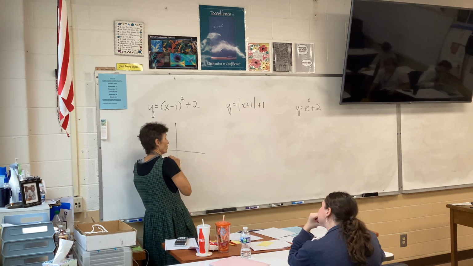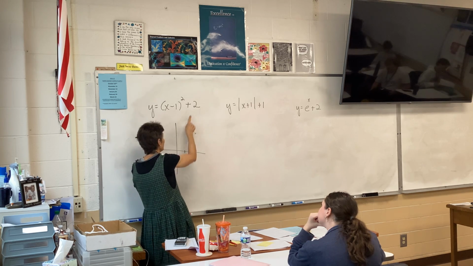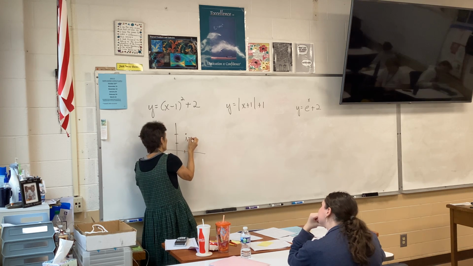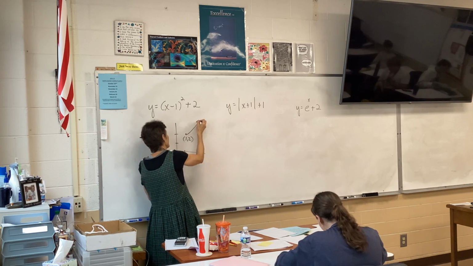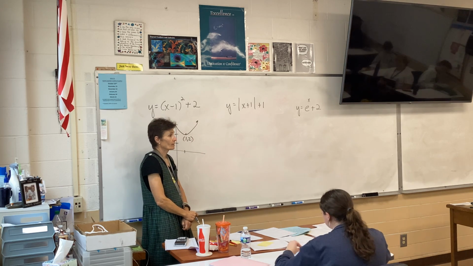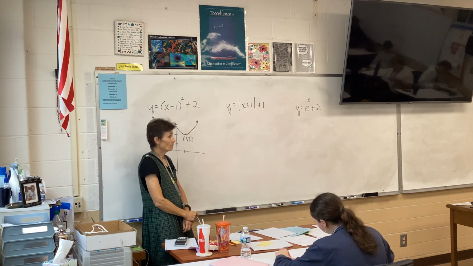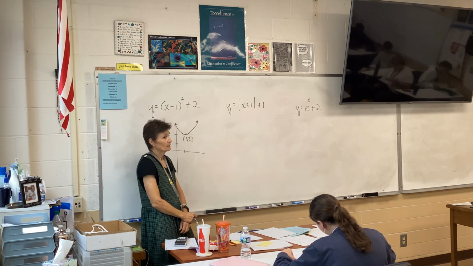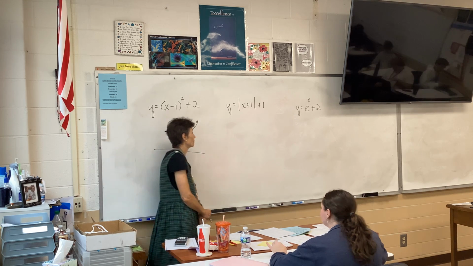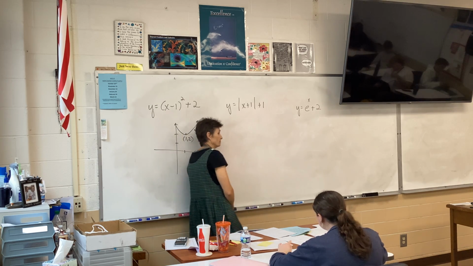You know it's going right 1 and up 2. So I'm going to label that point, draw my parabola, and done. That's it. Half a point for the right shape. The other half of the point for having it in the right spot and labeled. Easy. Oh, what about this one?